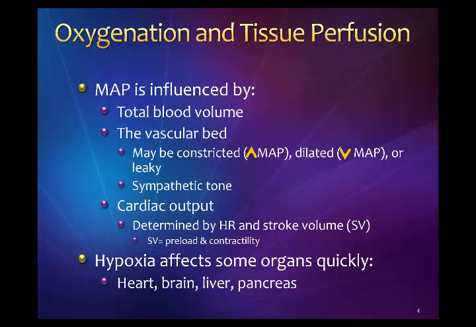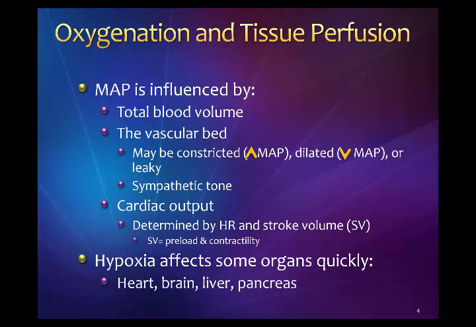Next, our vascular bed plays an important role as well. If we vasoconstrict our blood vessels, we're going to increase venous return, increase cardiac output, and increase mean arterial pressure. If we vasodilate them, we're going to have the opposite occur.